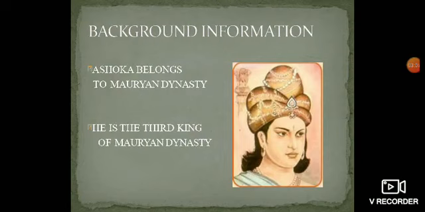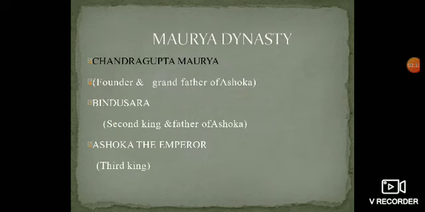The word Mauryan Empire came from his grandfather's name Chandragupta Maurya, who was the founder of the Mauryan dynasty. Chandragupta Maurya, as the founder, is the first king, who was succeeded by Bindusara, the father of Ashoka, and Ashoka was the third king.